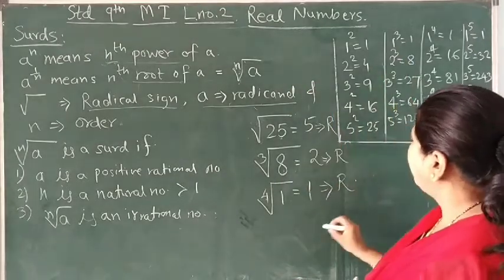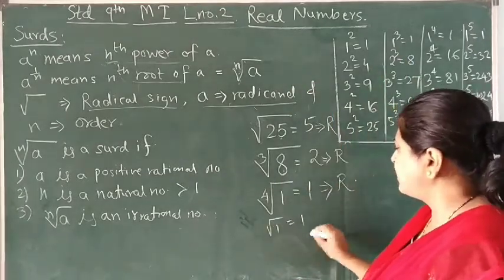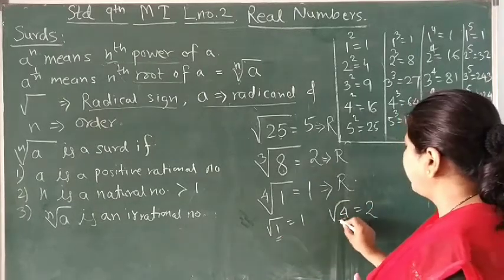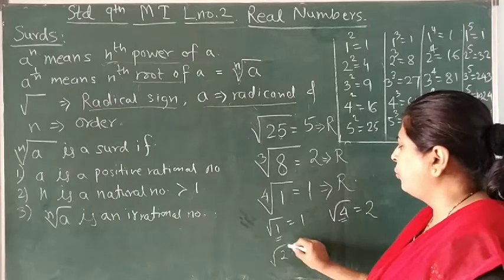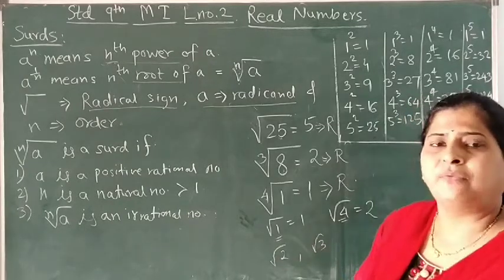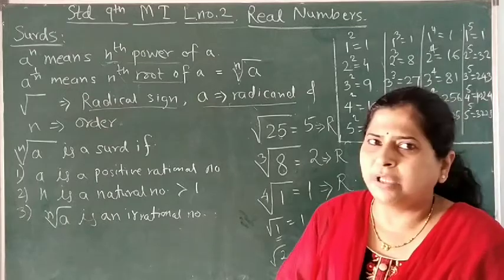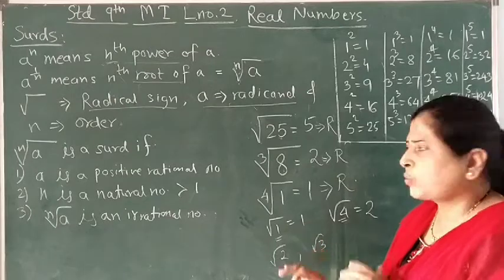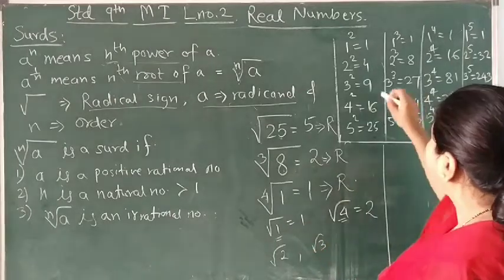The square root of 1 is 1, the square root of 4 is 2. But what about the square roots of the numbers between 1 and 4, the square root of 2 and the square root of 3? They are not rational numbers, and we have learned in our previous videos how to prove they are irrational. Like square roots, we can talk about cube roots also.